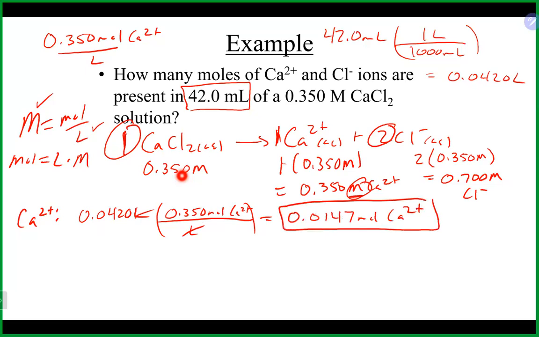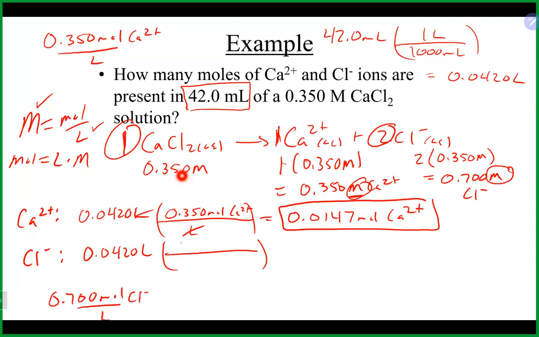We could also do the exact same calculation for our chloride ions. We'll use the same volume, as it's in the same beaker. Once again, I'm going to turn this big M into a usable calculation, which is 0.7 moles of chloride per liter.